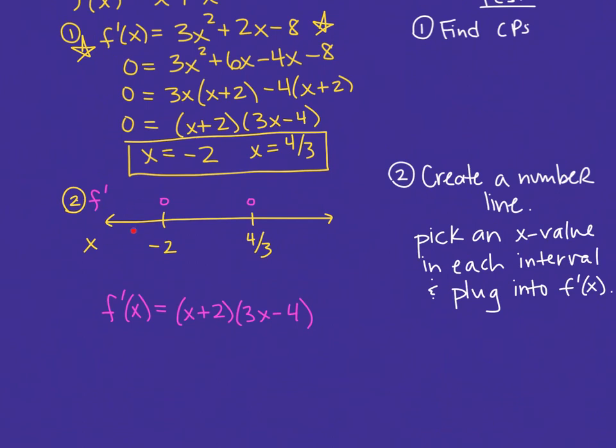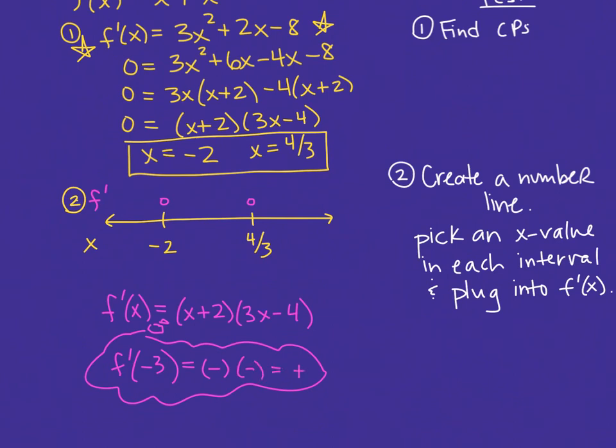So if I plug in negative 3 into f prime, here's what you really need to think. We're really thinking of it like this. That's a little thought bubble in case you couldn't tell. So plugging in -3 here, we get a negative number. Here, if we plug in -3 into this parentheses, we also get a negative number out.